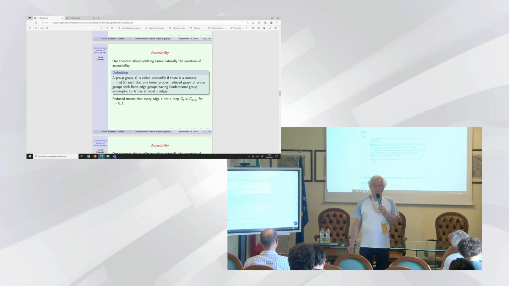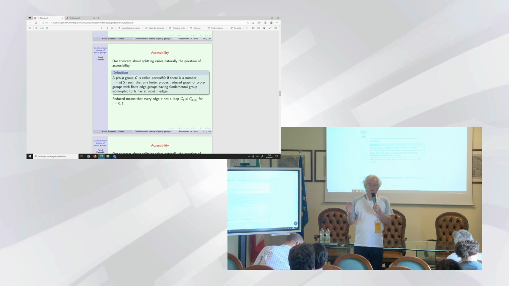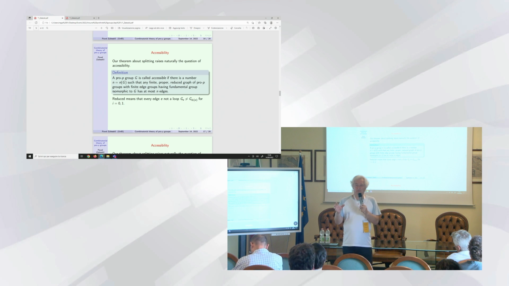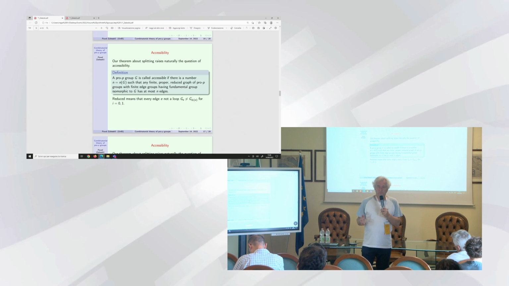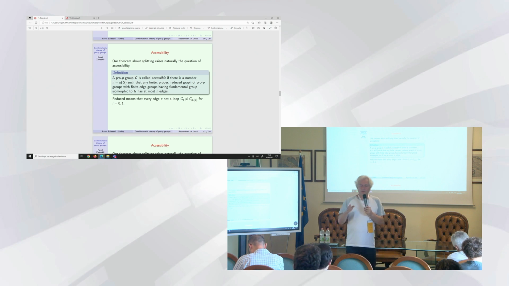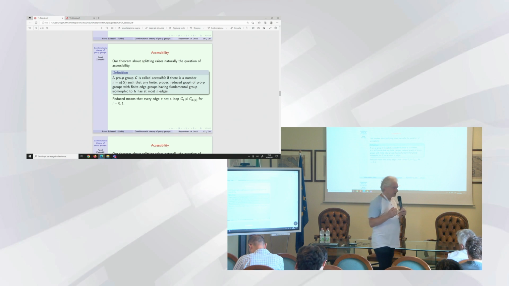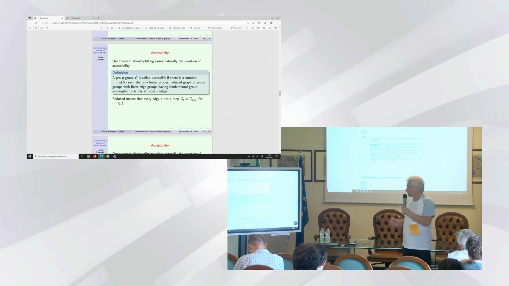So what is the problem? What is the question of accessibility? Well, suppose we have a group and we split it as an amalgamated product. But then the vertex groups, I mean the factors, can split again as amalgamated free products, and then split again, and then split again. And accessibility asks whether this process terminates in a finite number of steps. This is the question of accessibility.